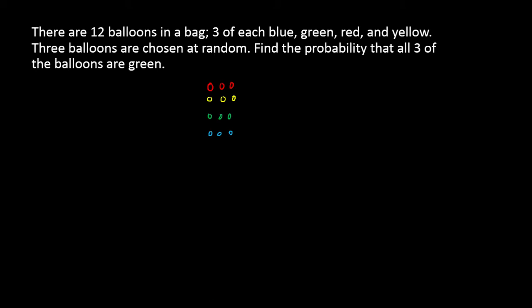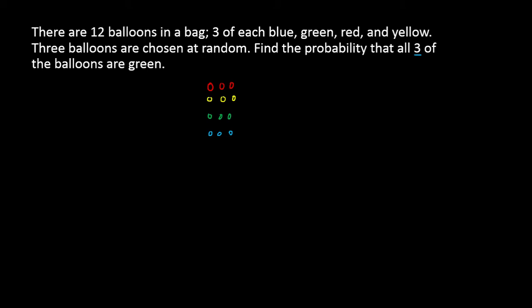So this is going to be a compound event because we're not just picking 1, we're picking out 3. I just realized that this is kind of poorly worded, but what we're trying to say is, if I draw 3 out of the bag without putting them back, so I draw a balloon, I draw another balloon, I draw another balloon, what are the chances that the 3 that I have in my hand are green?